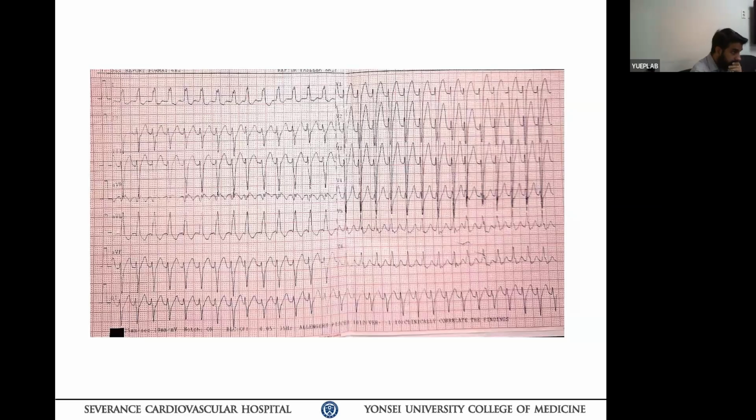I'm not very certain about the P waves because it's a bit blurred, but I put VT first with SVT with aberrancy as a differential diagnosis. And if it's VT, I think it's likely coming from quite close to the conduction system based on the intrinsic deflection and the fact that the QRS is not as wide as typically expected.